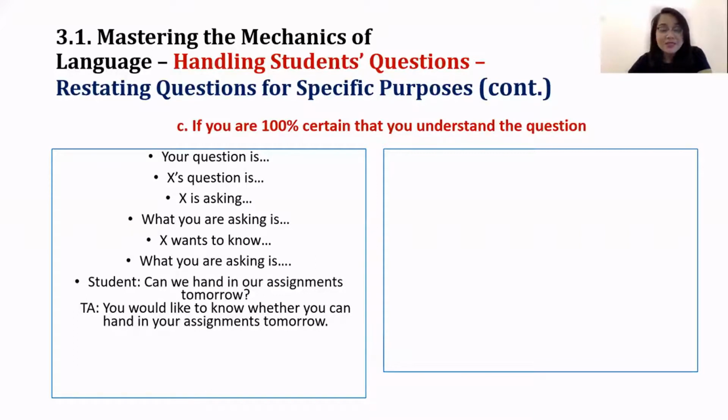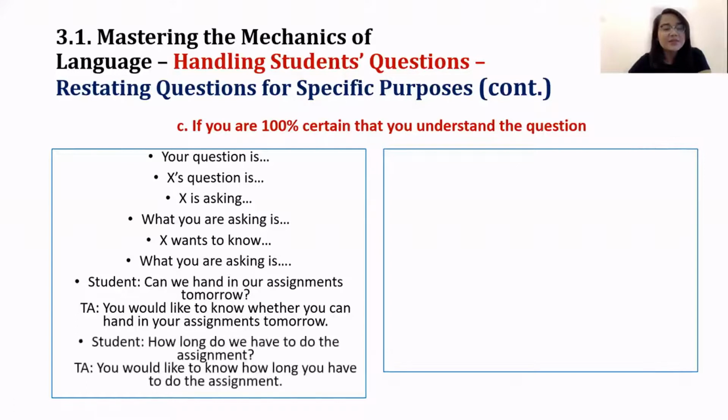An example of the conversation, can we hand in our assignments tomorrow? And the TA answered, you would like to know whether you can hand in your assignments tomorrow. Another example, how long do we have to do the assignment? And the TA responds, you would like to know how long you have to do the assignment.